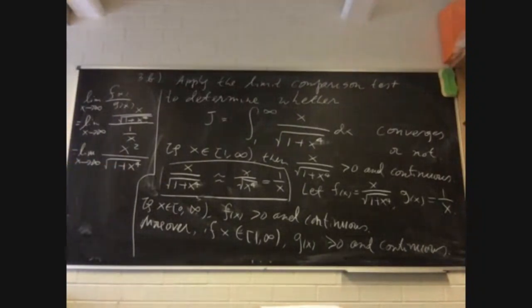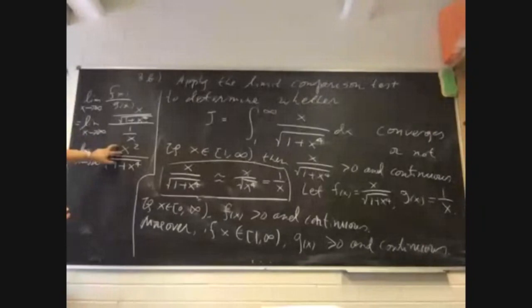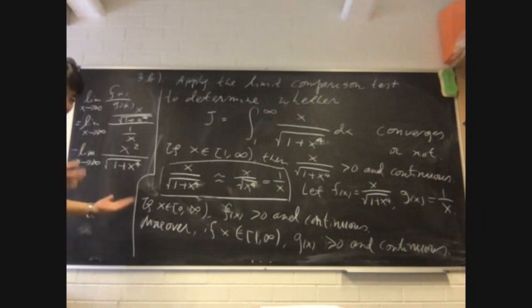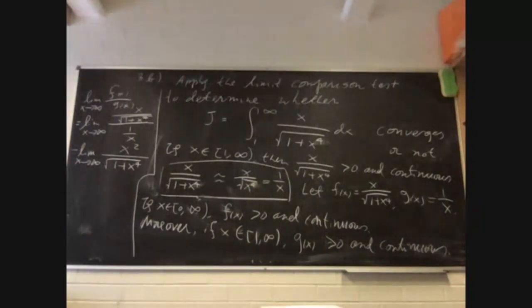That's the square root. So whenever you see something like that, what you always want to do is divide top and bottom by the largest power of x that you see. Upstairs, the largest power of x is x squared. Downstairs, you have x to the 4th here, but you're also taking the square root of that. So the largest power is x squared as well.